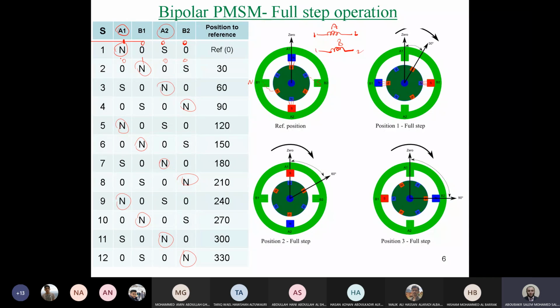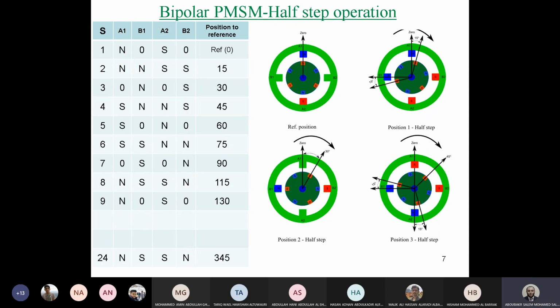So here we will have N, then 0 with N, it will be N as well, and this will be S and this will be S. So you have now N, N, S, S in between 1 and 2. What will happen? Let's see this clearly here. So we have this half step operation. We have N, N, S, S.